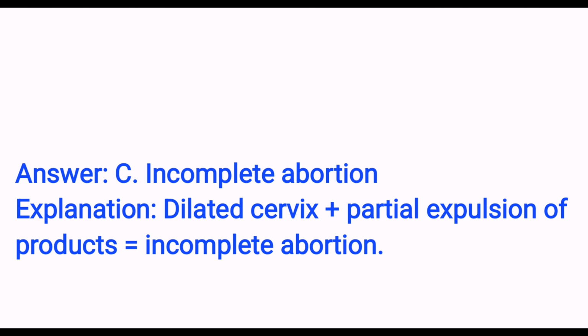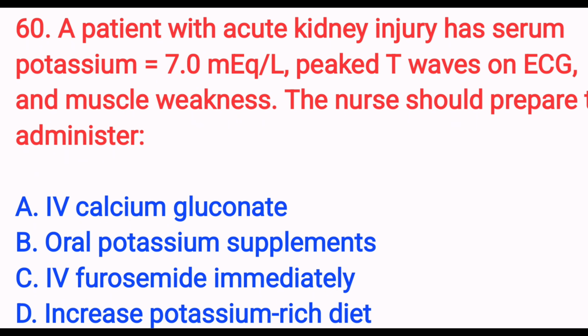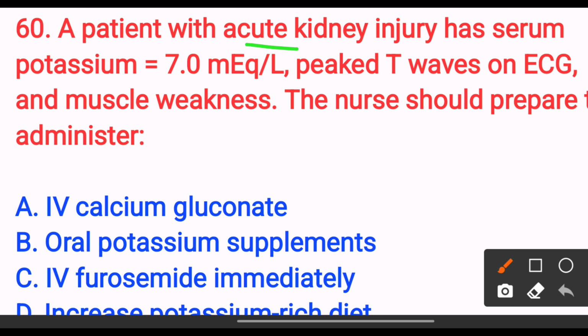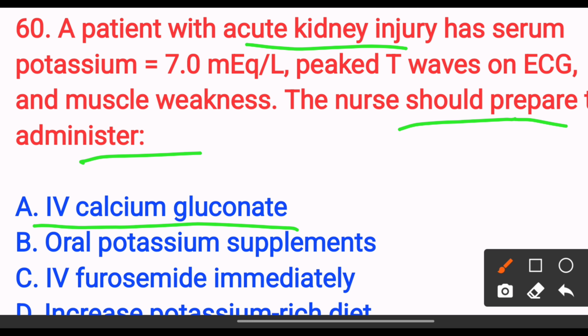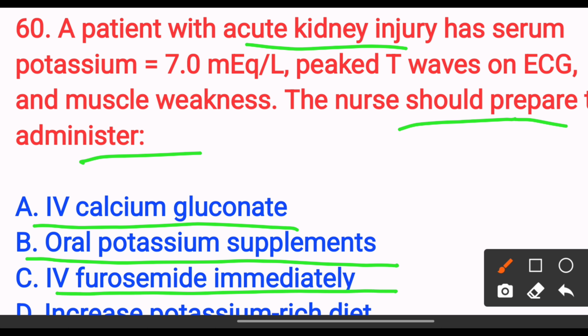Next, a patient with acute kidney injury has serum potassium level of 7.0 mEq per liter, peaked T waves on ECG and muscle weakness. The nurse should prepare to administer option A, IV calcium gluconate, option B, oral potassium supplements, option C, IV furosemide immediately, option D, increase potassium rich diet.